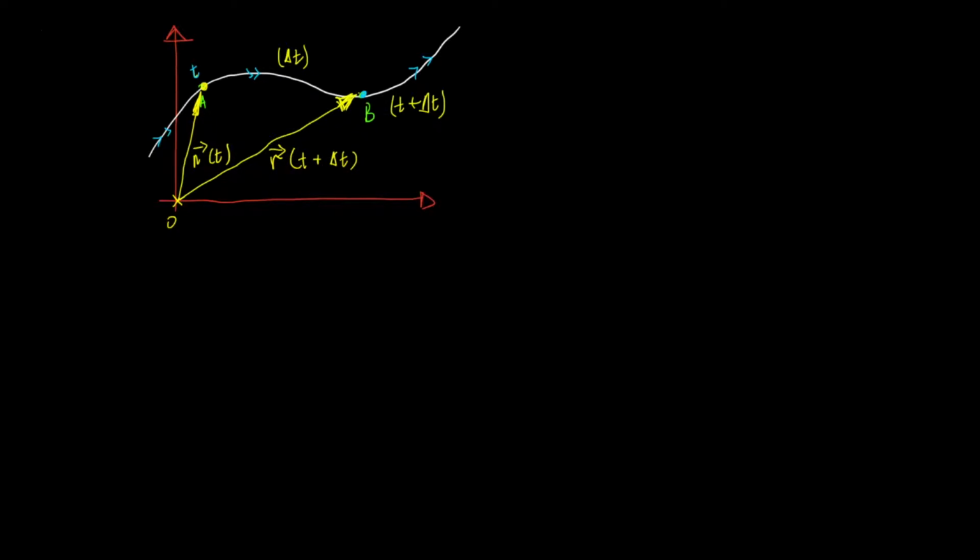With these two position vectors, we subtracted them and got another vector, which we call the displacement vector, d. The displacement vector was r of t plus delta t minus r of t.